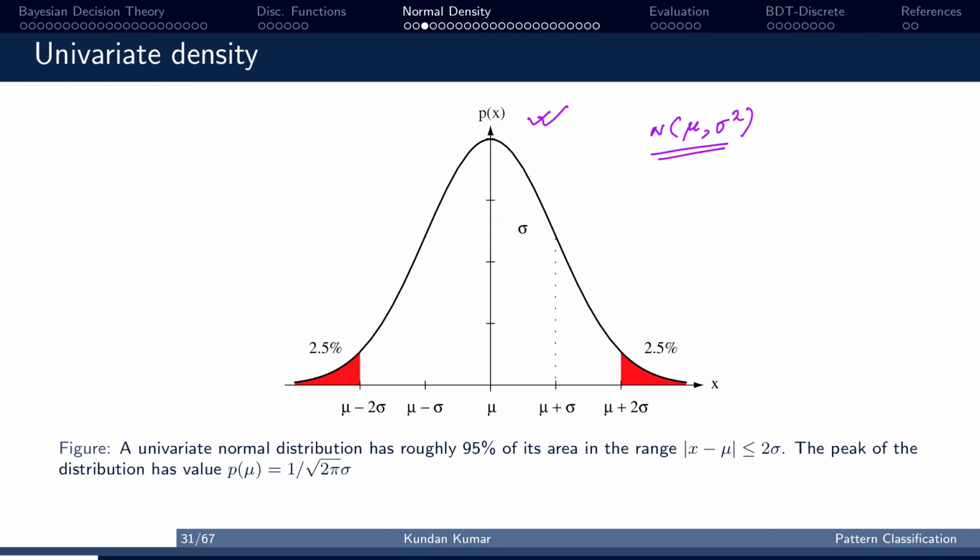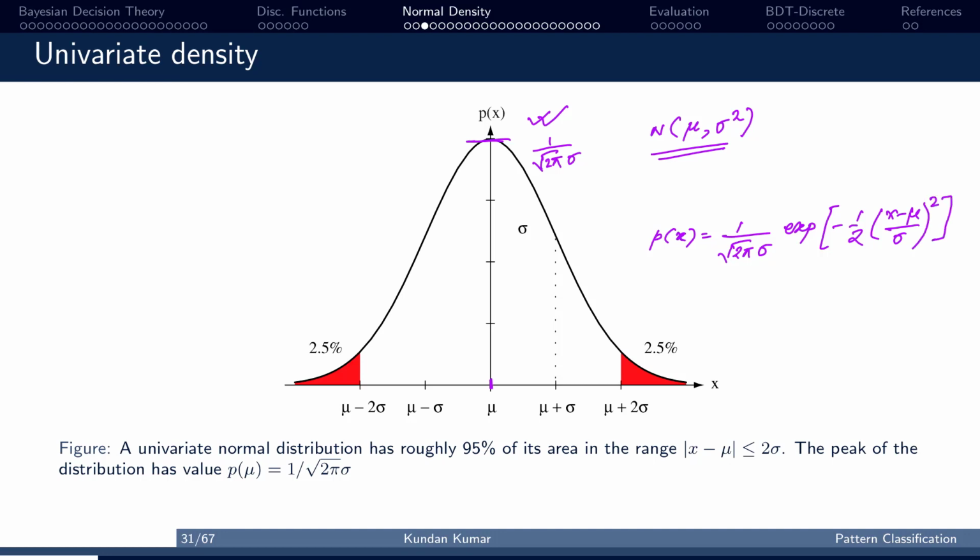Then we will have the maximum probability density at the mean, and that value will be 1 by root over 2 pi sigma, because the expression we have is P(x) equals 1 by root over 2 pi sigma exponential of minus 1 by 2 into (x minus mu divided by sigma) square.